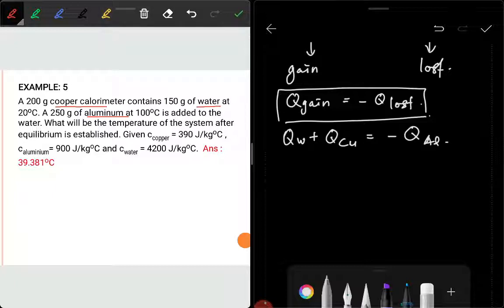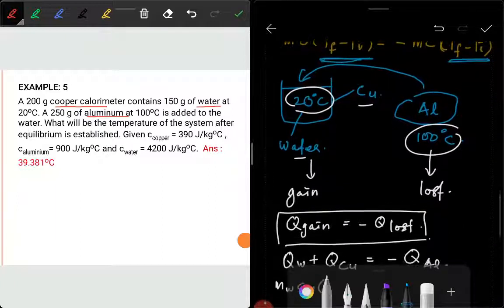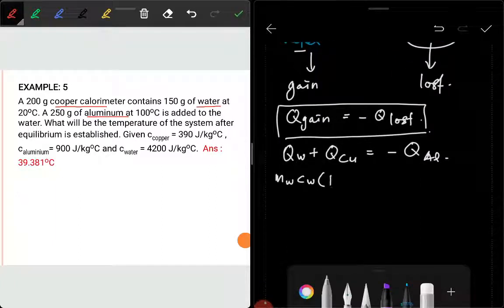So here we expand the equation. It becomes m water, c water, and then delta T. Delta T here, the initial temperature is 20, so final temperature minus 20.